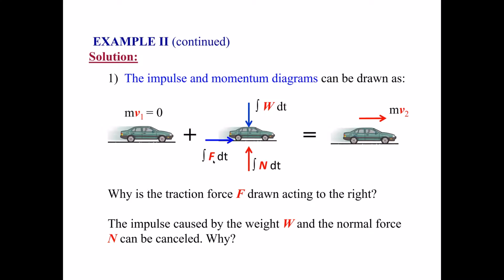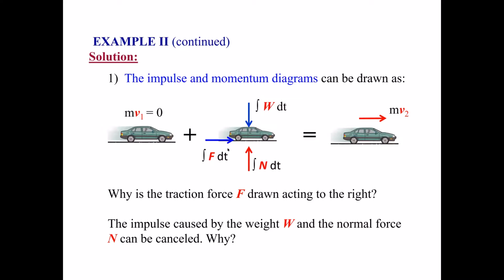Because if you broke it up into x and y components, what you'd find is that here's your x essentially, and this is the y. Well, you have one force acting down, one force acting up. These two, of course, are going to cancel each other out, okay? So you'd have whatever impulse is due to this force, this times time, and this times time, so just the negative of it, so these would cancel each other out, okay?